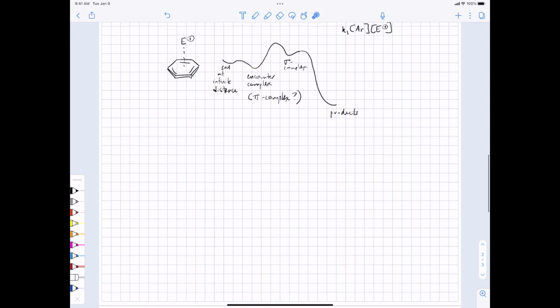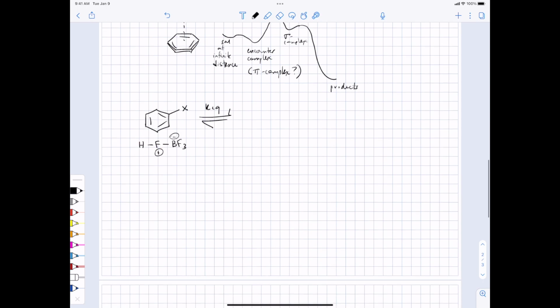So people have measured the stability of various sigma complexes using this reaction. So you'll have some group X, and then you can use superacid, HBF4, and you can see that it would be really, really easy for something to remove this proton to get it back to BF4 minus.